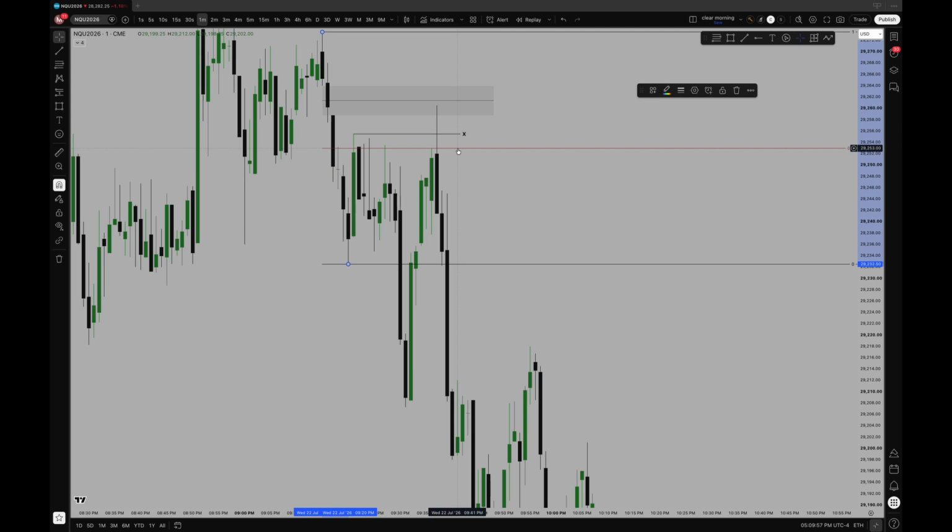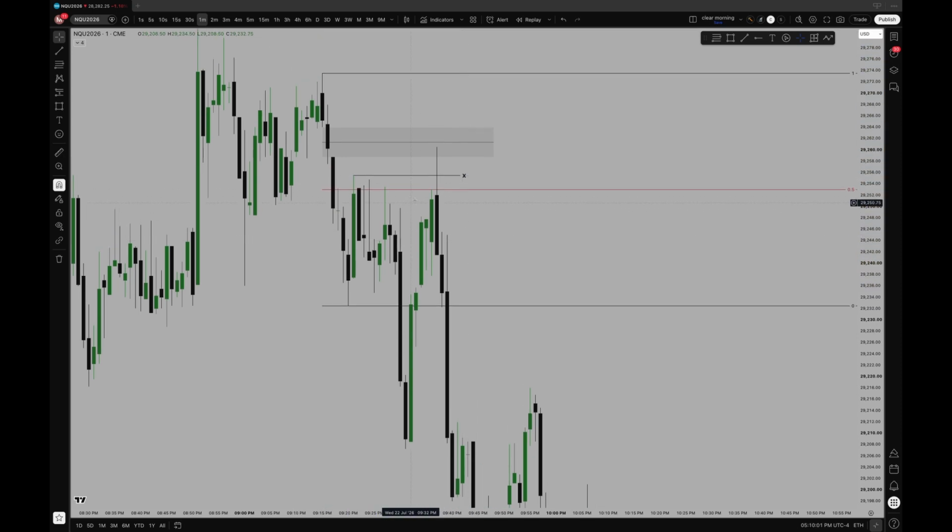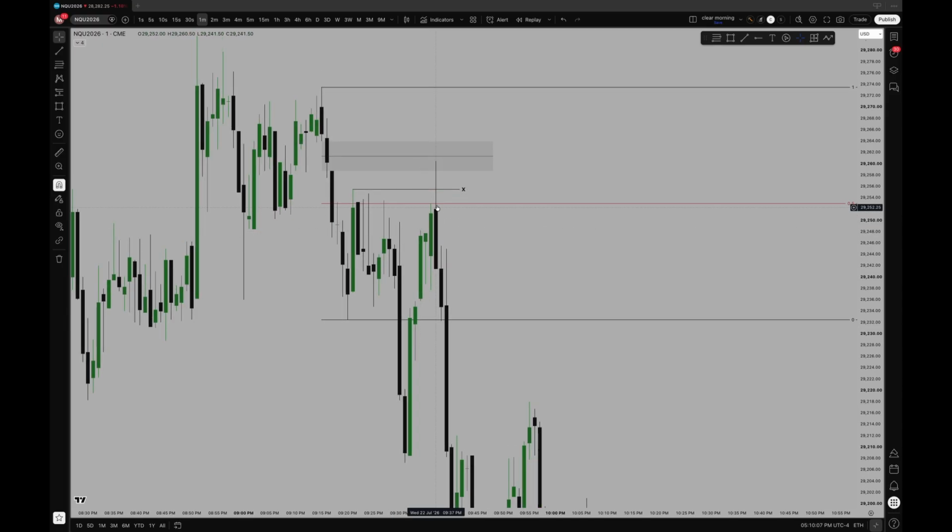Something important as well, again, is seeing how the bodies are telling you the story. So wicks are going to do the damage, bodies will tell you the story.